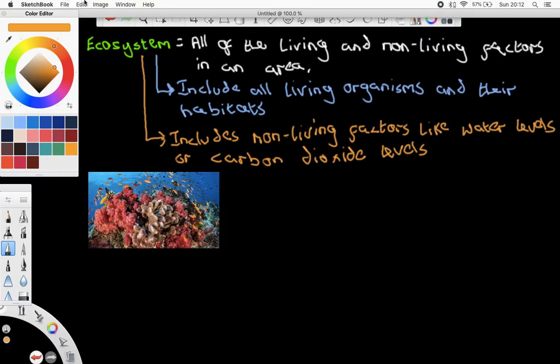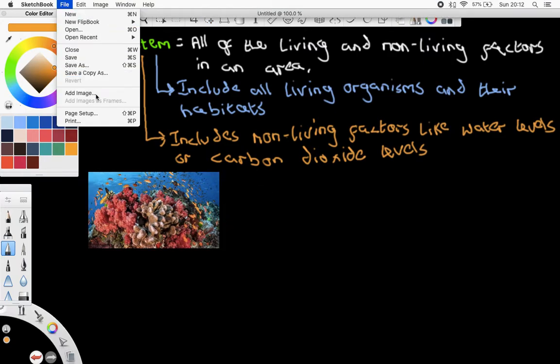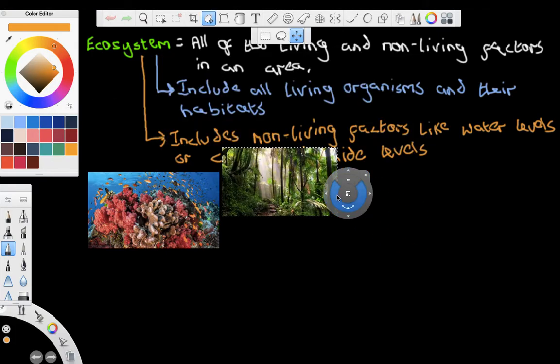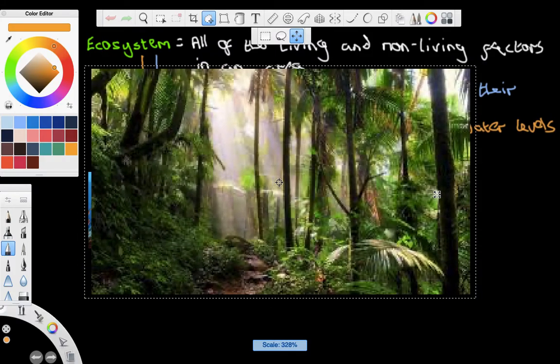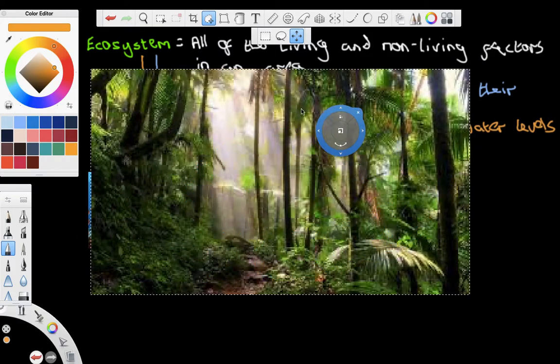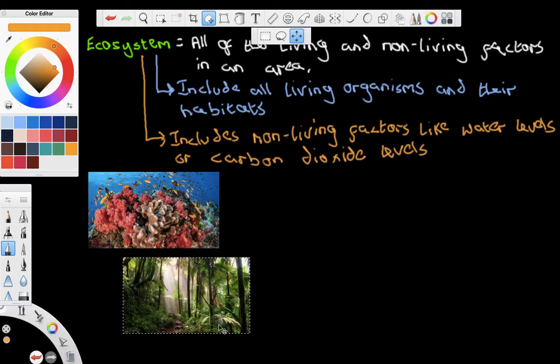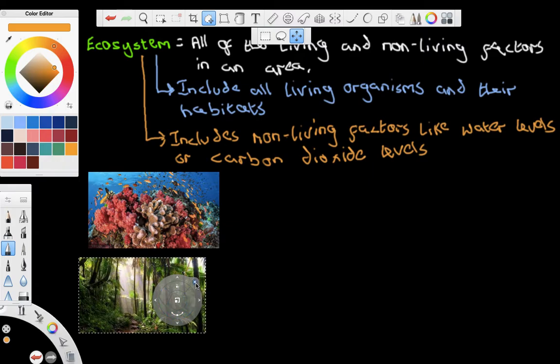Another example of an ecosystem would be the rainforest. Again, a very beautiful one. The rainforest includes all of the trees, it includes all of the animals, it includes other plants, but it also includes things like humidity, oxygen levels, carbon dioxide levels. So the rainforest is another example of an ecosystem.